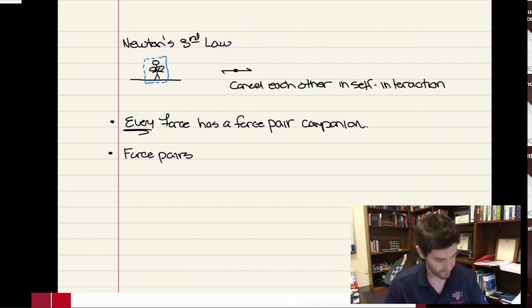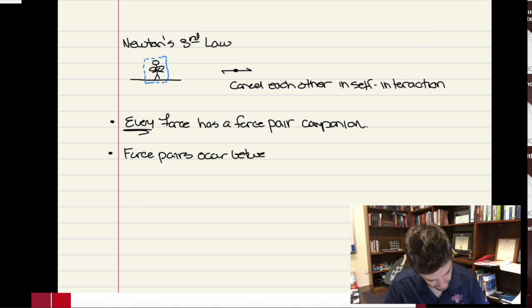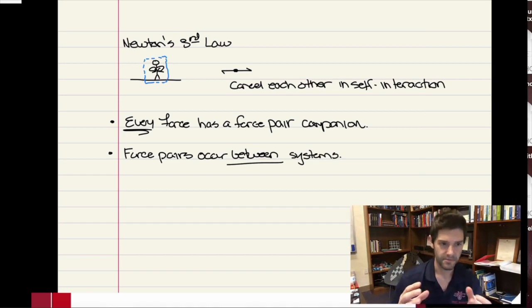Force pairs occur between systems. Again, systems don't self-interact. With force pairs, if you're trying to identify force pairs in free body diagrams, force pairs occur between systems.